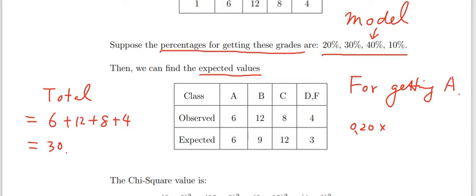So 20% got A, 20% of 30 equals 6. This is the expected value. For B, 30% got B, 30% of 30 is 9. So we get those numbers, 6, 9. Here 40% of 30 is 12. So here we have observed values and expected values.